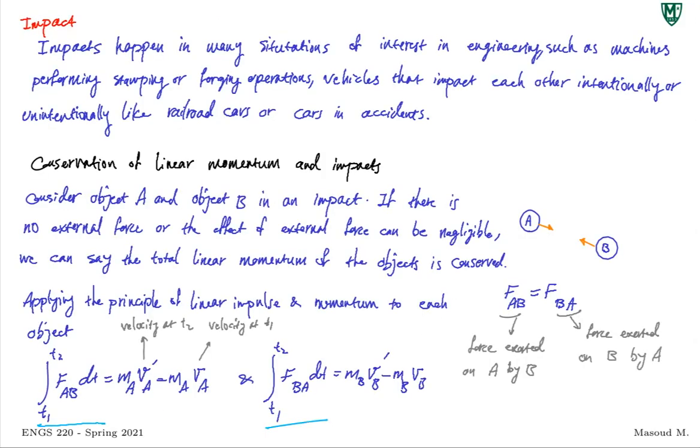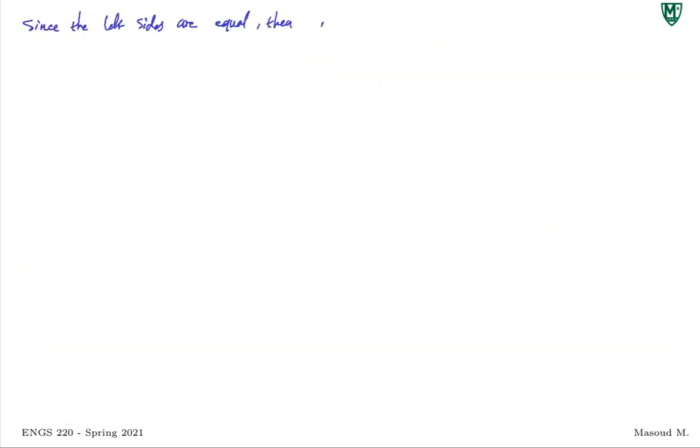So that becomes MA VA prime minus MA VA is equal to MB VB prime minus MB VB, right?